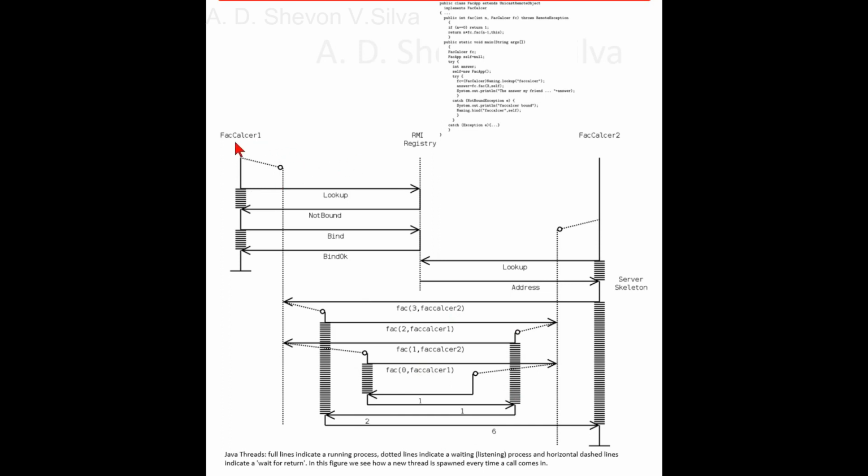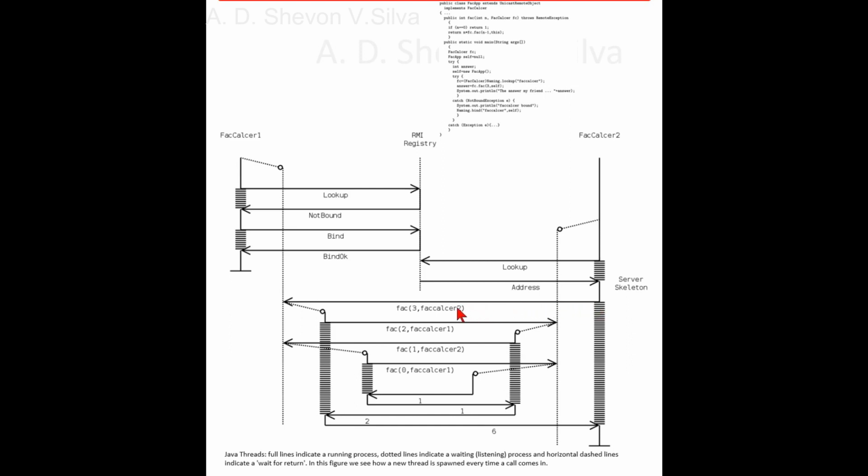Here you can see FactCalc1, the RMI registry, and FactCalc2. FactCalc1 is connected to the RMI registry through lookup, and the RMI registry answers with not bound. Then FactCalc1 is connected to the RMI registry via bind, and the RMI registry answers bind OK. Then FactCalc2 is connected to the RMI registry via lookup, and the RMI registry returns the FactCalc1 address, and this is in a server skeleton area here.